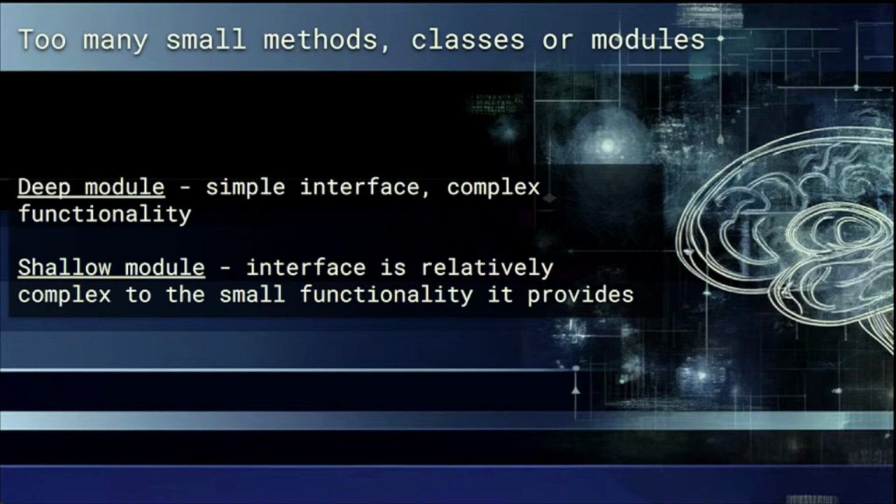Generally, I have seen two definitions. One is a deep module that has a very simple, limited interface, but really complex functionality. A good example of such a module is the Unix code that is responsible for interacting with files.